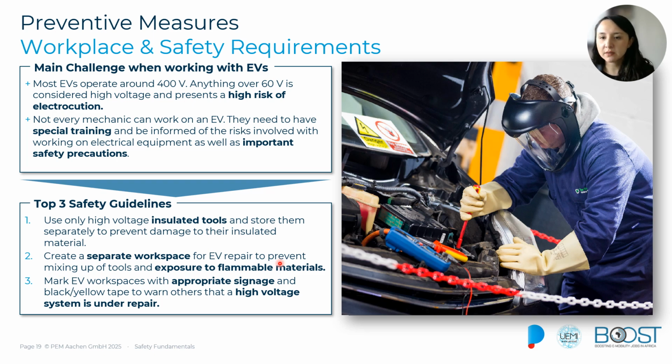So to have this separated area would allow us to reduce the general risk in the workplace. And the last one is to have all the markings in our workspace with clear signals and with clear warnings.